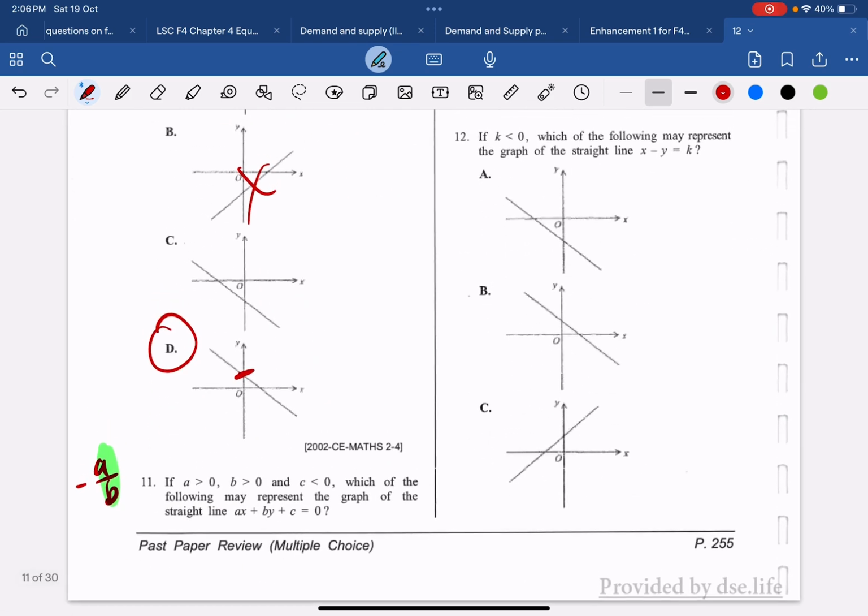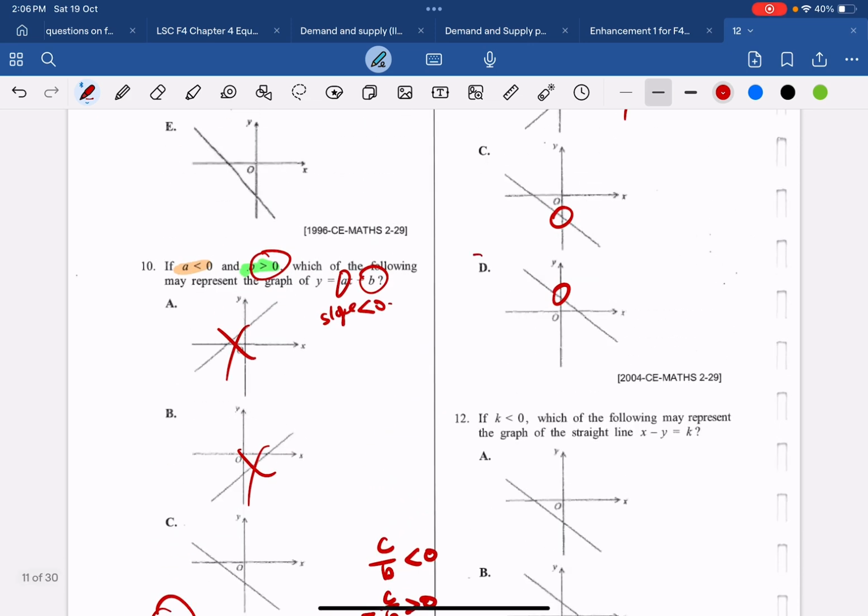Because x goes to 0, BY plus C is 0, so y is negative C over B. But C is negative, which means C over B should be negative. So negative C over B should be positive. So the y-intercept should be positive, so it should be D.